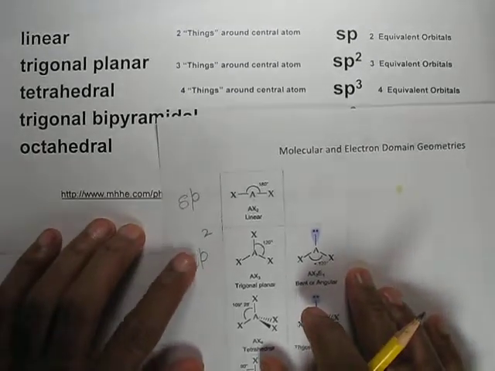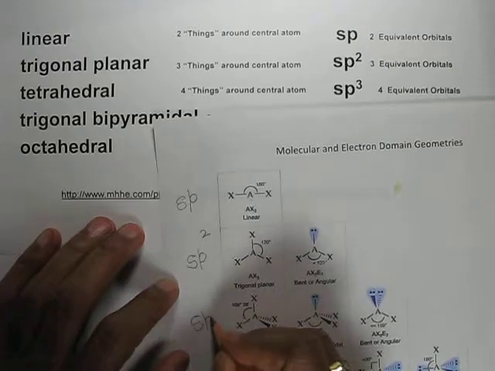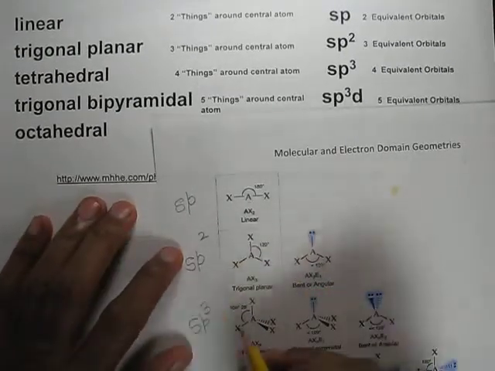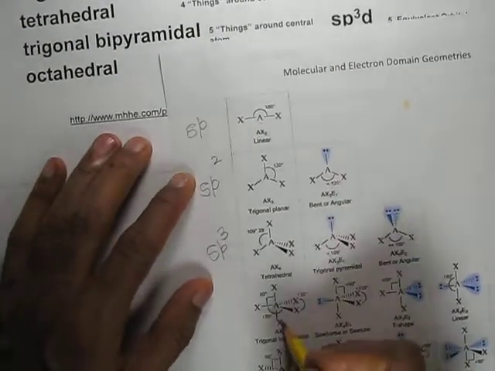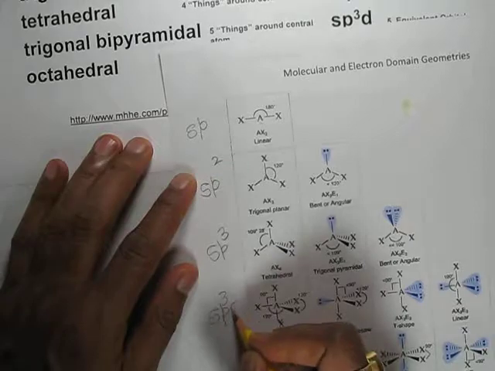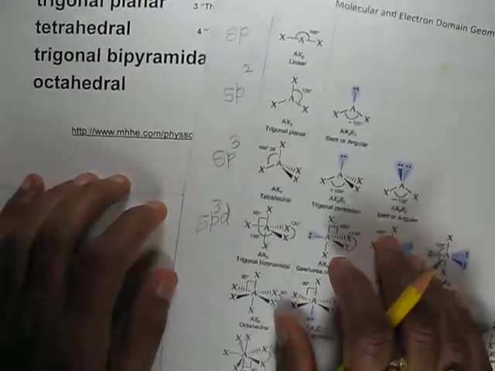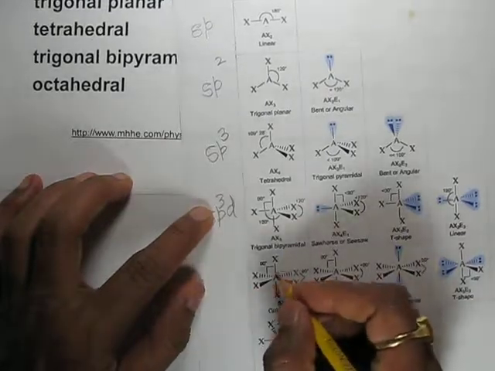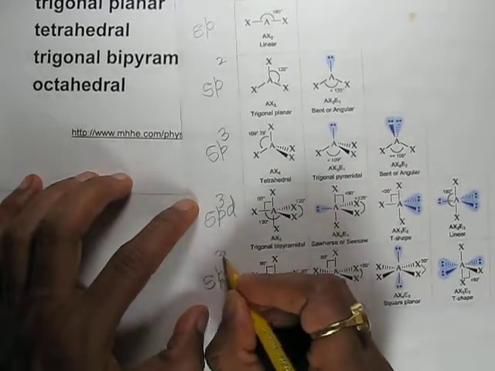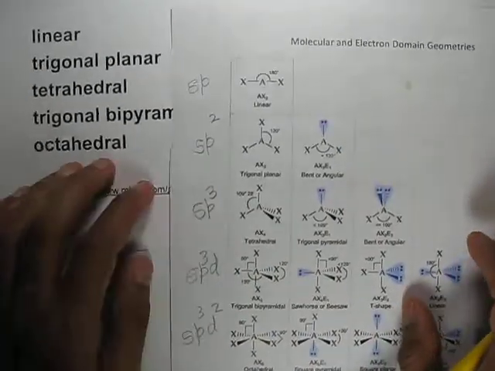In the case of tetrahedral, hybridization will be sp3 type. In the case of trigonal bipyramidal, sp3d, and the last one is octahedral. In the case of octahedral electron pair geometry, the central atom will have sp3d2 hybrid orbitals.